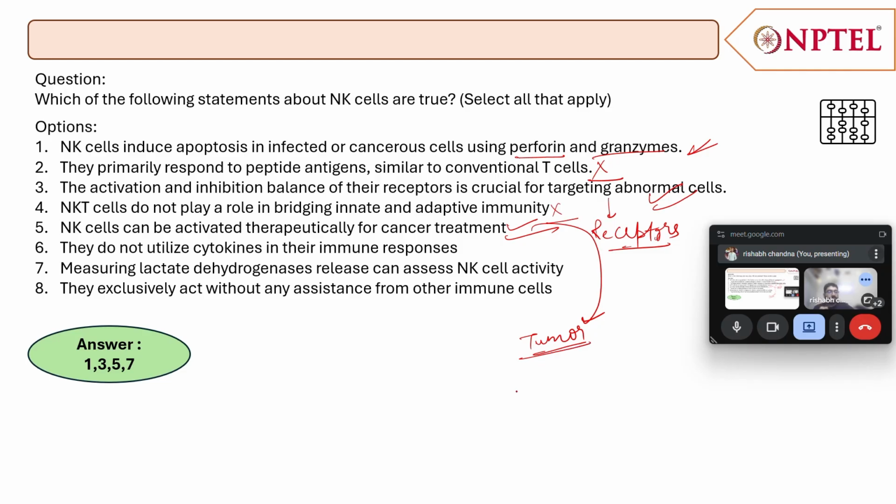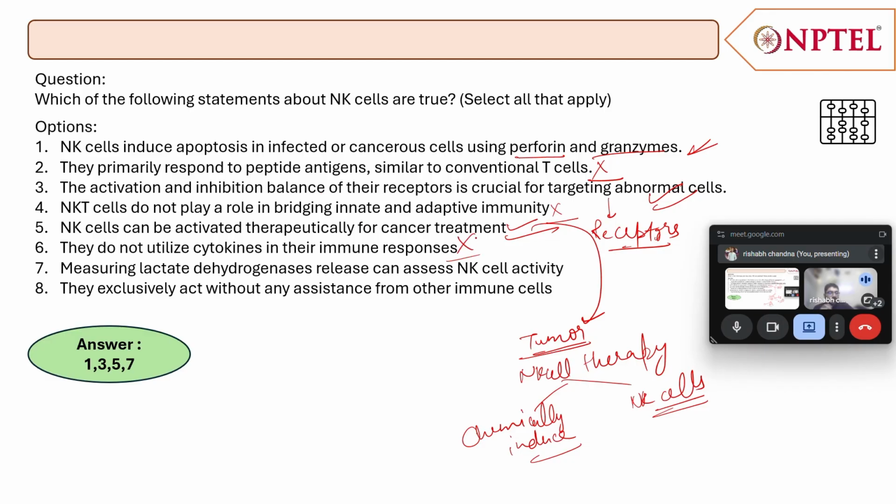There is NK cell therapy in which either we can chemically induce these NK cells or we can directly provide NK cells into the body derived from the same individual or the same patient. They do not utilize cytokines in their immune response. No, this is false because they release cytokines for their immune response.